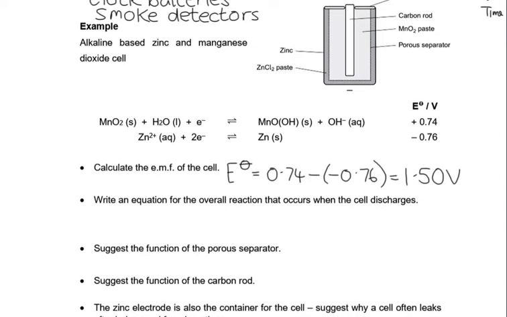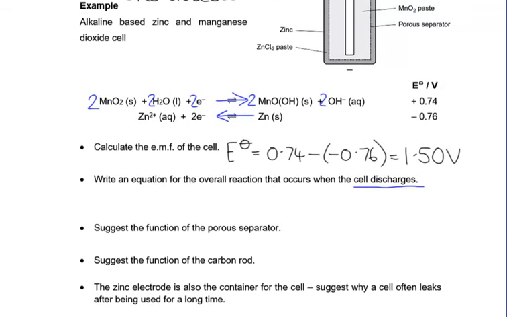Now it says write an equation for the overall reaction that occurs in the cell when the cell discharges, which means when the battery is used. So when the battery is used, the most positive one gets to go the way it's written. The negative one, we're going to have to turn it round, so you might need to rewrite that the other way around. And you need to make the electrons match. So at the moment there's 1 electron in the top and 2 in the bottom. So I'm going to double everything in this top equation, so that there's 2 in each.